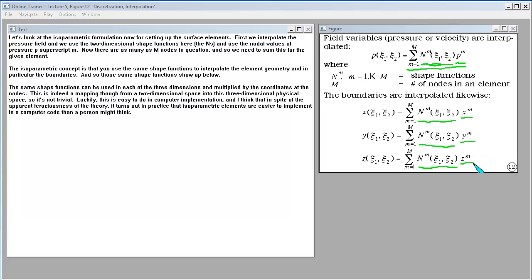This is indeed a mapping from a two-dimensional space into this three-dimensional physical space, so it's not trivial. Luckily, this is easy to do in computer implementation, and in spite of the apparent ferociousness of the theory, it turns out in practice that isoparametric elements are easier to implement in a computer code than a person might think.